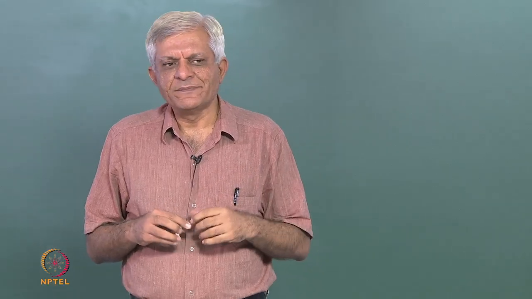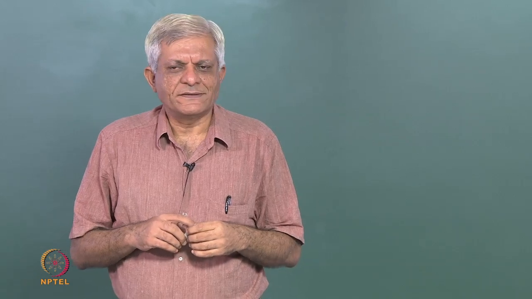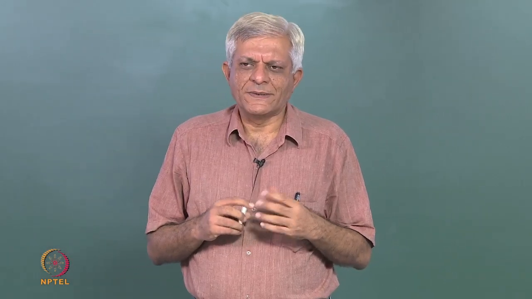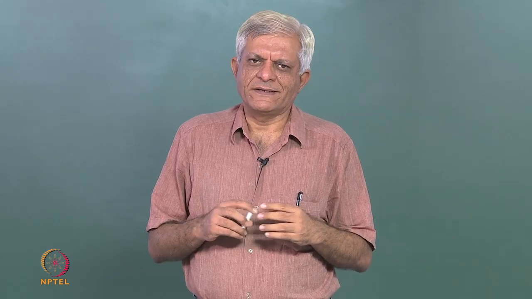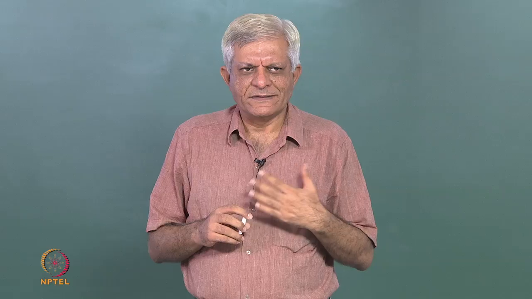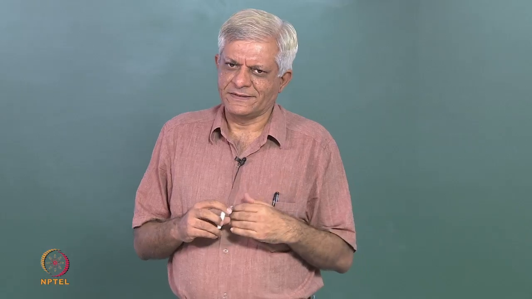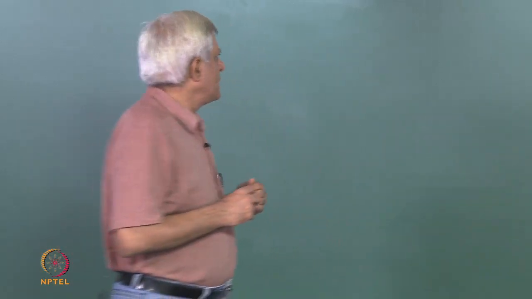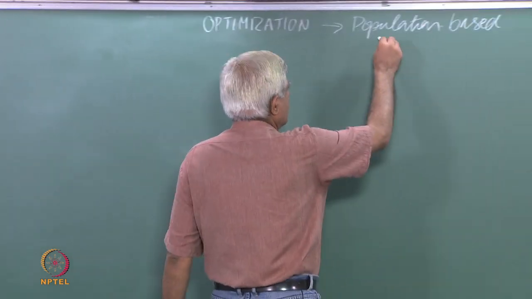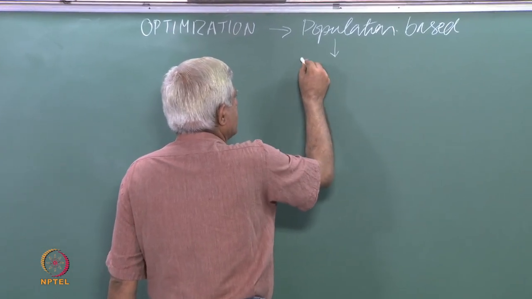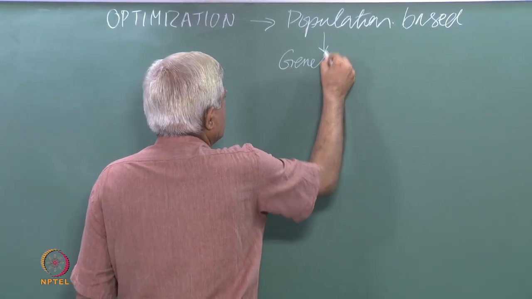smooth surface, and we are looking for methods which would be robust, which even when the terrain is jagged will do reasonably well. So, in population based methods, the method that we are looking at this moment, we have called genetic algorithms.